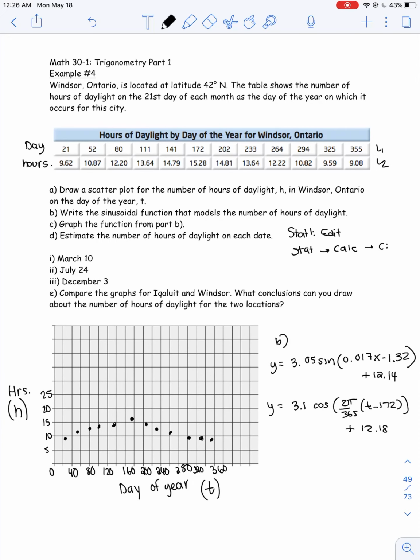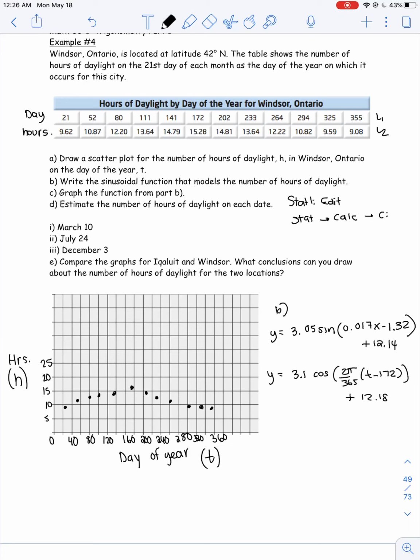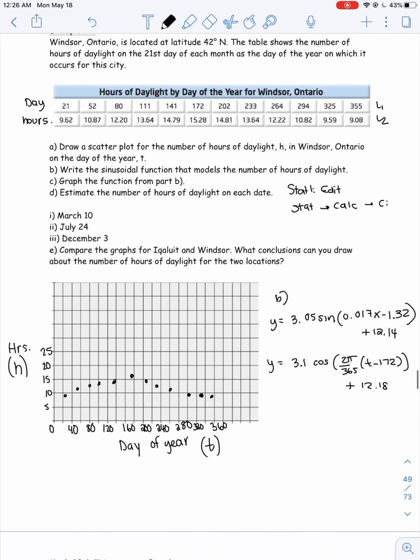And then for D, they want us to estimate the number of hours of daylight on each date. So what we need to do is figure out what day number each of those are. Like March 10th would be actually when x is equal to 70, so that would be day 70.